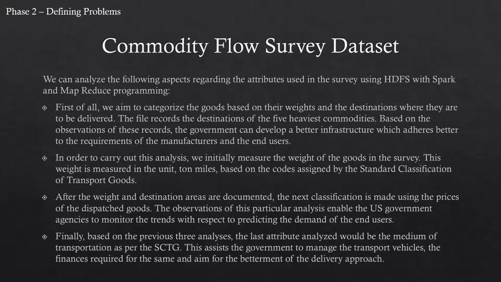The observations of this particular analysis enable the US government agency to monitor the trends with respect to predicting the demand of the end users. Finally, based on the previous three analyses, the last attribute analyzed would be the medium of transportation as per the SCTG. This assists the government to manage the transport vehicles, the finances required for the same, and aim for the betterment of the delivery approach. So let's move to the next slide.